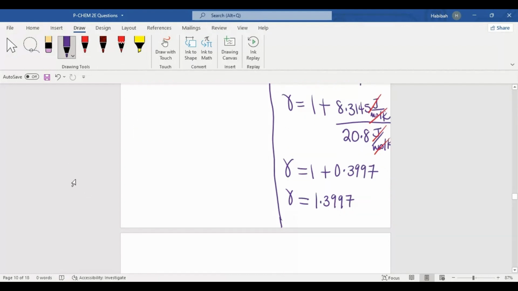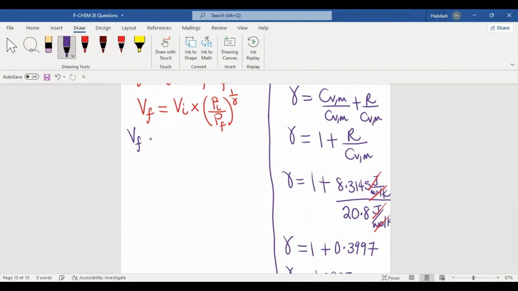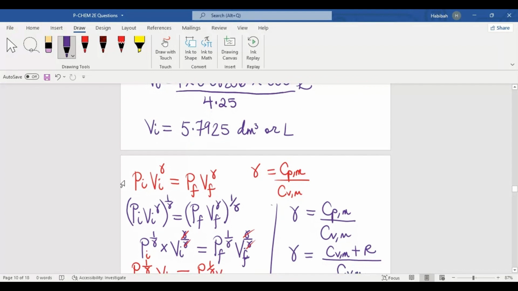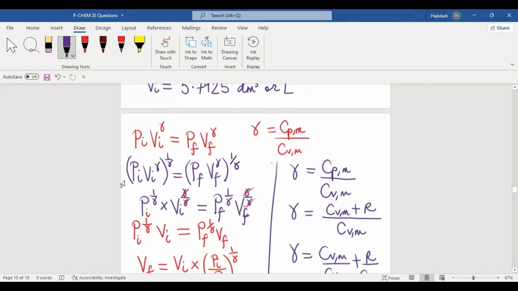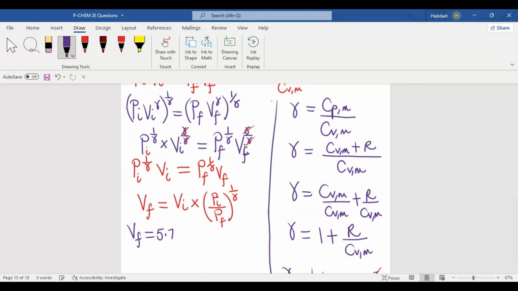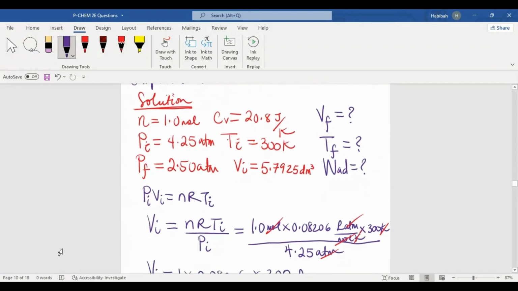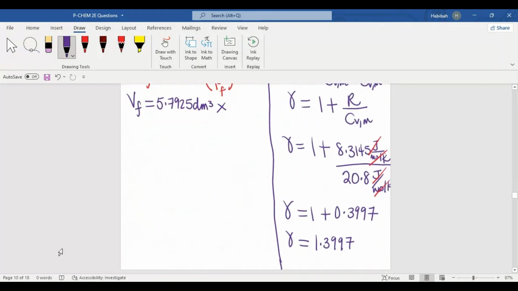So V final is now going to be V initial, going back to our work. We know that to be 5.7925 dm cubed, times 4.25 atmosphere divided by 2.50 atmosphere, raised to the power of 1 over gamma, that is, divided by 1.3997.